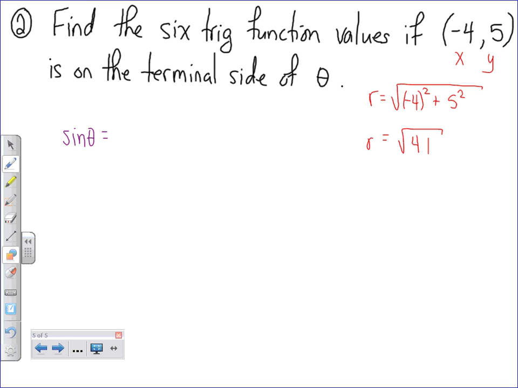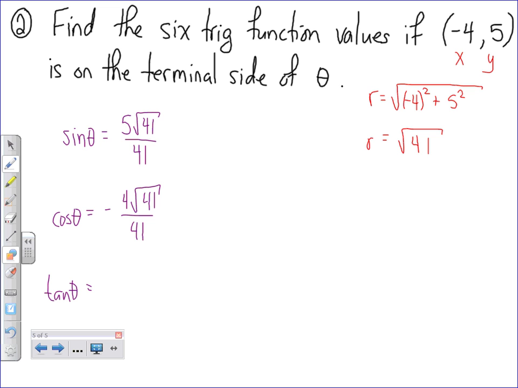Sine is the y coordinate divided by r, which is 5 divided by square root of 41, or 5 square root of 41 over 41. Cosine is the x divided by the r, so that would be negative 4 square root of 41 over 41.